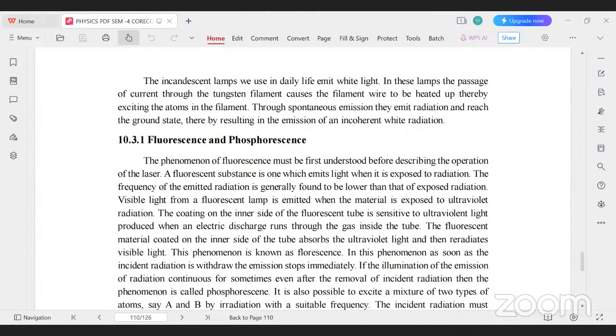Let's take a paint. Re-radiation is a very, very important concept. So for example, I have taken a dot.